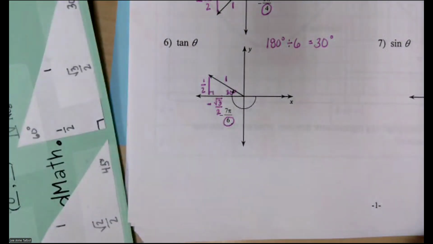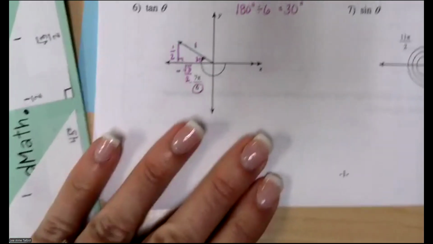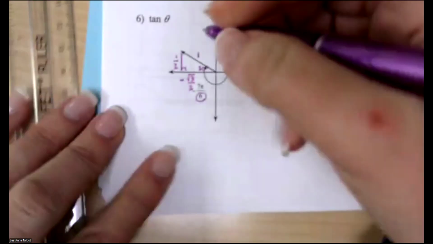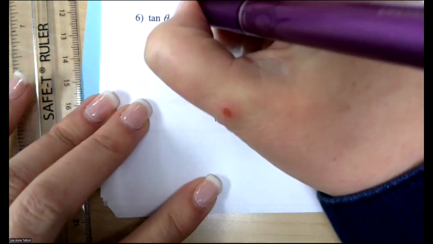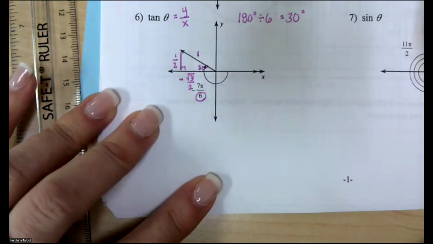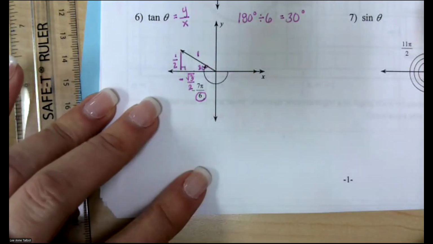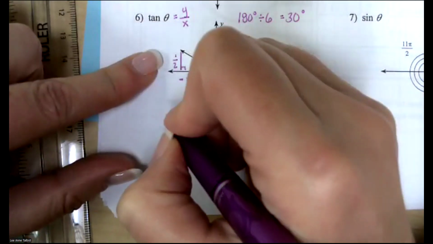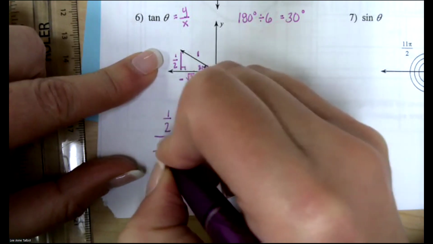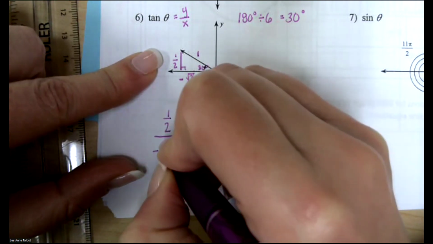Okay, now this one's tan. And it's the reason that I actually find all the things on the triangle all the time. Tan is y over x, or opposite over adjacent, or sine over cosine. All of those things are the same. So 1/2 over negative root 3 over 2.